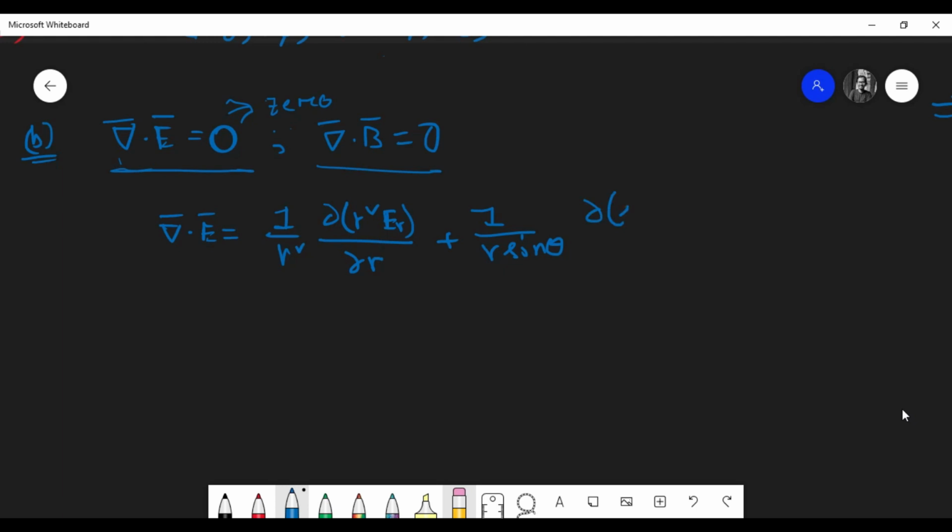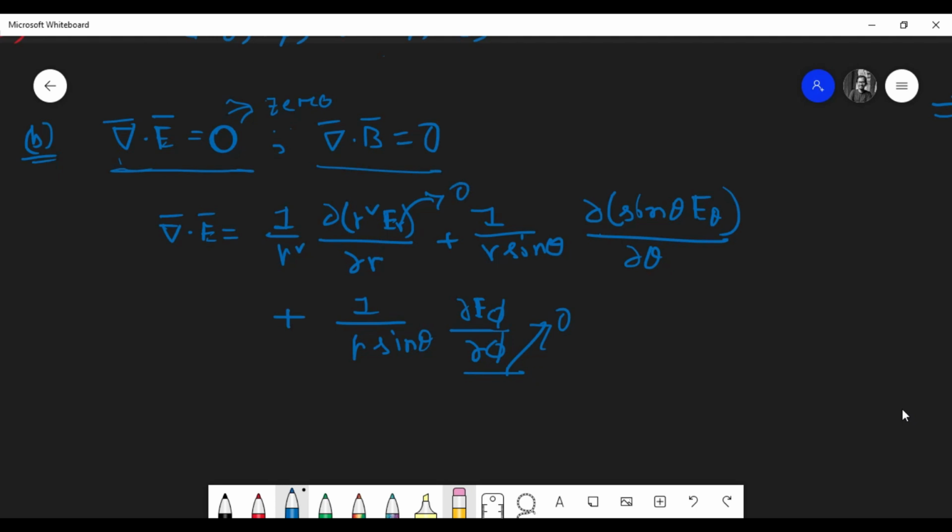del sine theta E theta del theta plus r sine theta del E phi del phi. Sorry, it would be phi here. Now there's no phi dependence, so this term is 0.